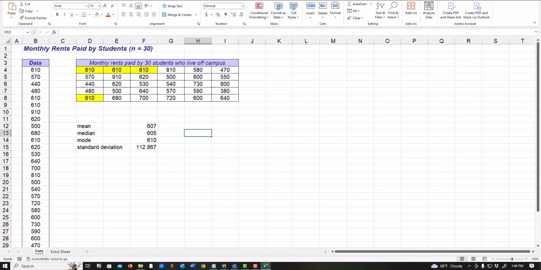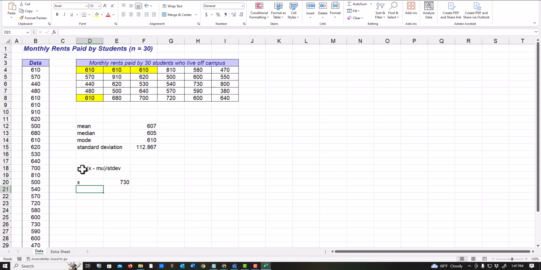And now the last part wants me to actually find the z-score. There's a couple of ways of doing this. The z-score equals an x value minus the mean divided by the standard deviation. That just happens to be the formula. And it says if the rent value is 730, so that's going to be my x.